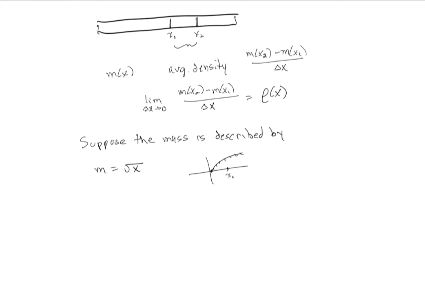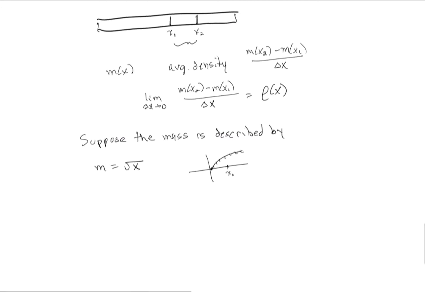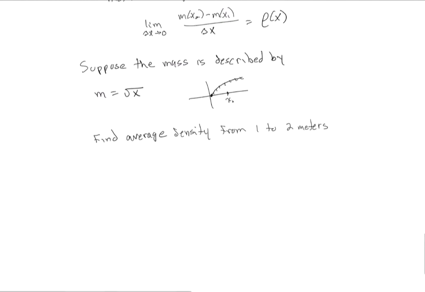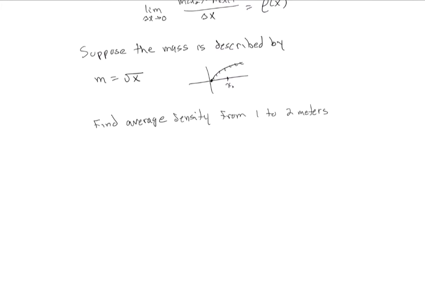Now let's find the average density of the rod, let's say from 1 to 2 meters. For average, my rho, average density, is going to be the mass at 2 minus the mass at 1, over 2 minus 1, and that's going to give my average.